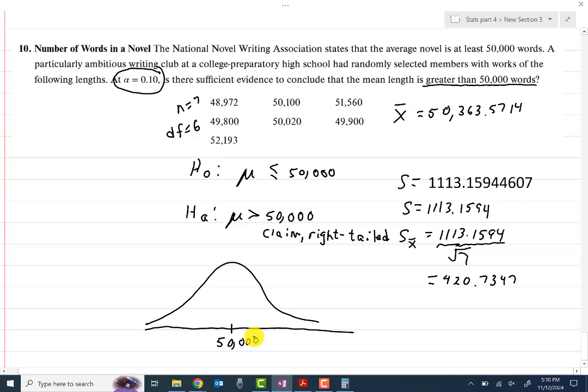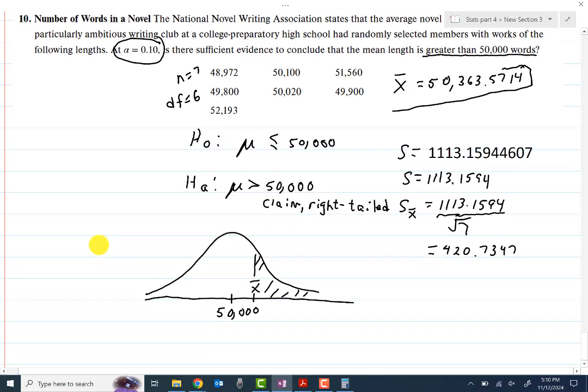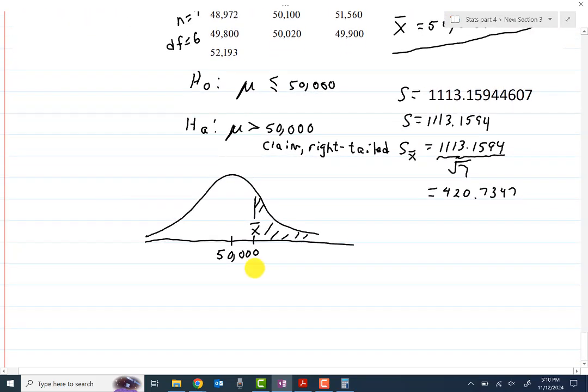Let's see, our sample was a little bit more than that. I'll just say this is X bar right here. That's this guy. Now let's go get my t value.